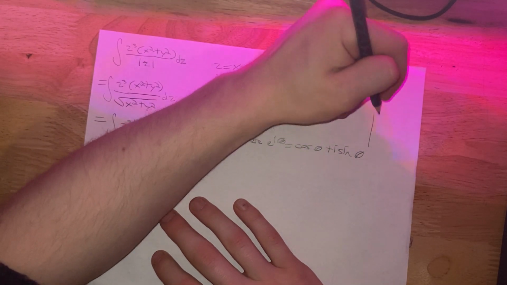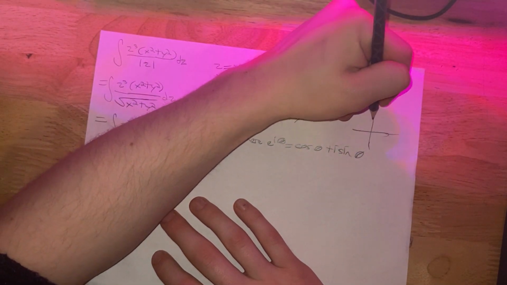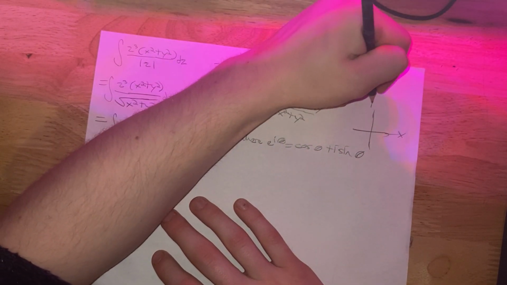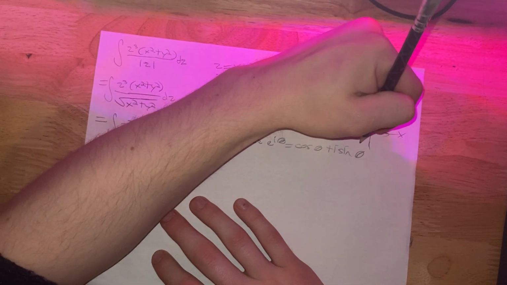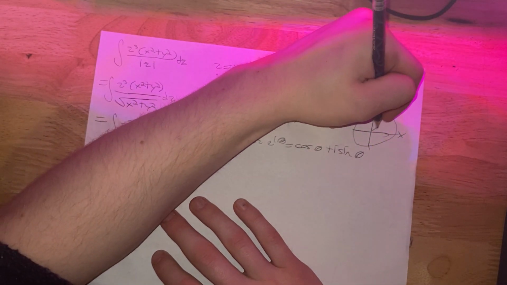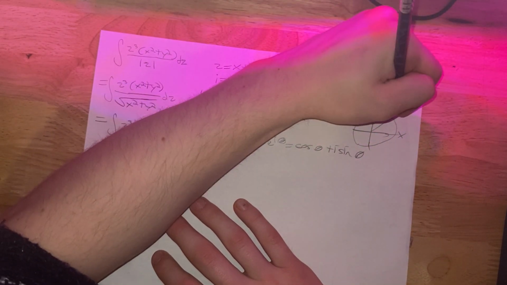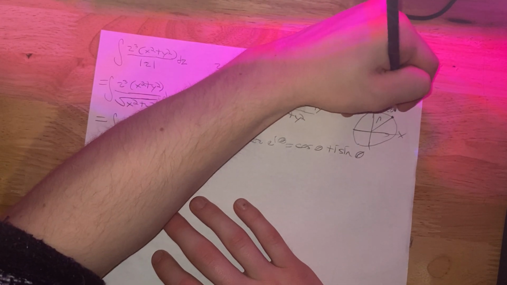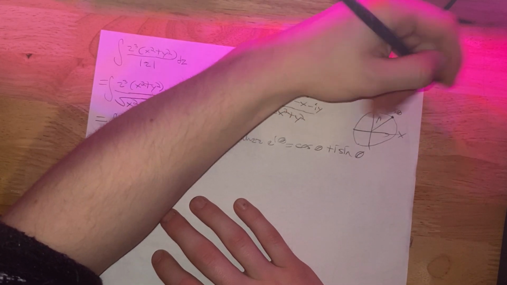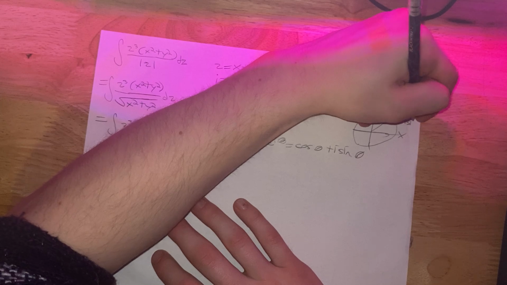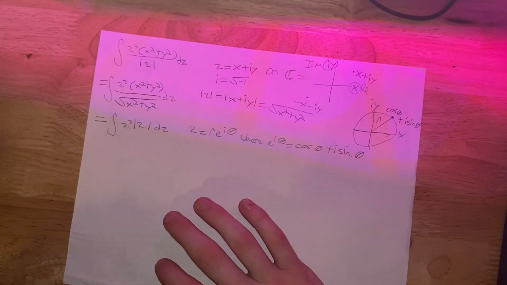We can imagine this on another complex plane here, where we take a circle with radius r and point cosine theta plus i sine theta.